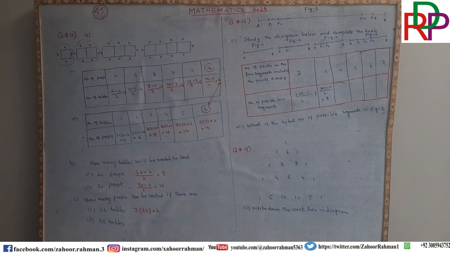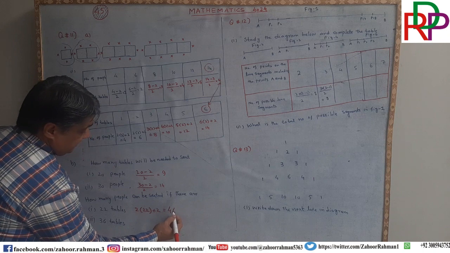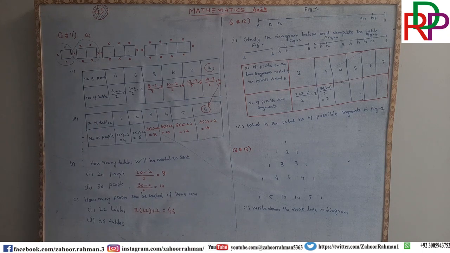So 44 and 2, which is equal to 46 people can be adjusted if there are 22 tables.